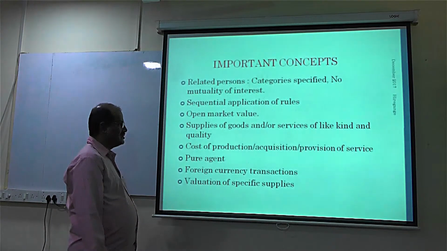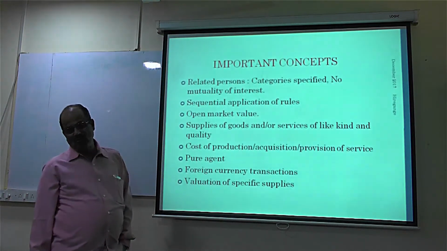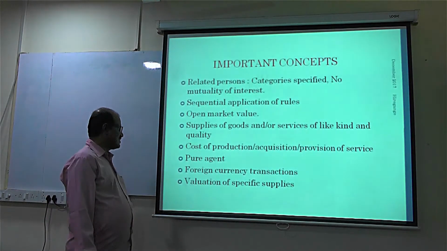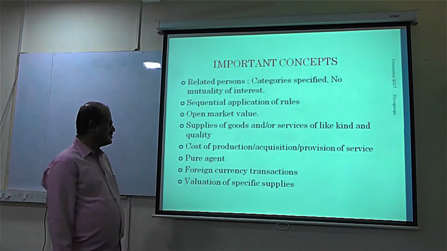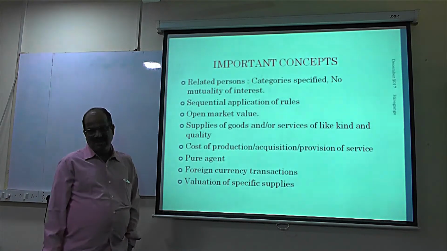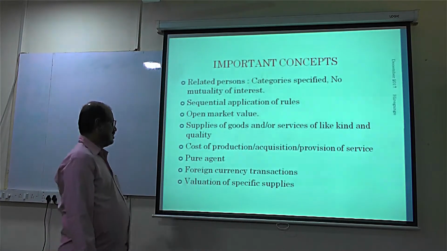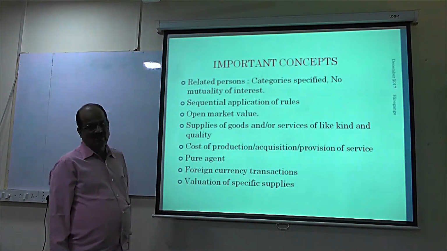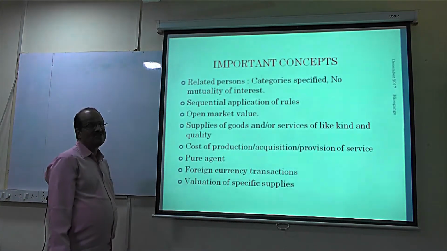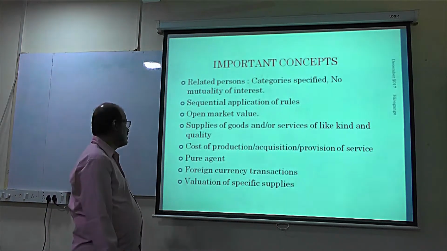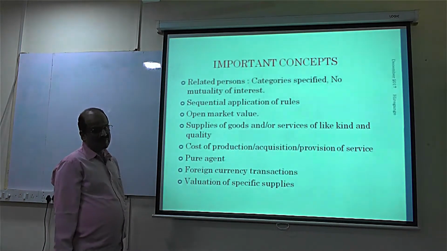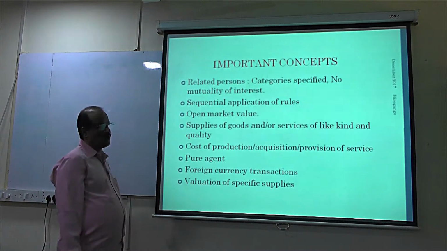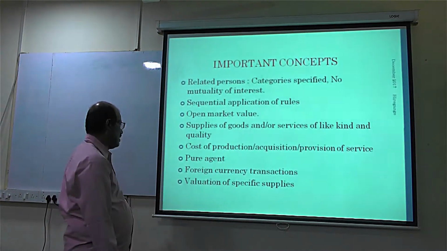The concept of pure agent, which had been introduced in service tax law, continues to exist in the GST law also, and there is no difference between the concept of pure agent, which was there earlier for levy of service tax, and the concept of pure agent in GST law.